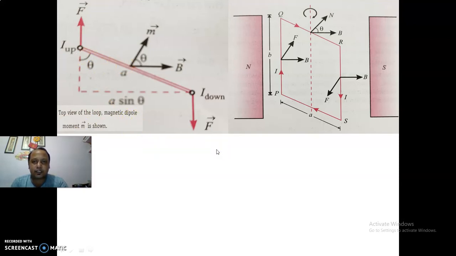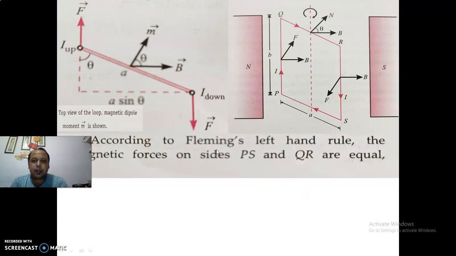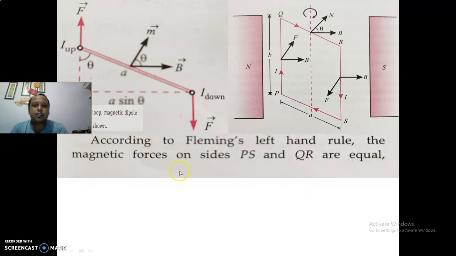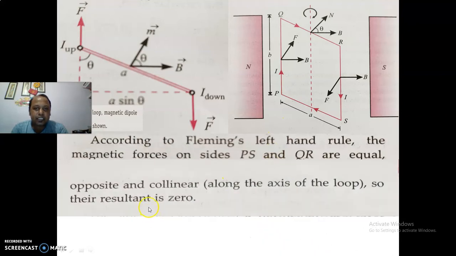But first of all, you see here, according to Fleming's left hand rule, I have already discussed this, the magnetic force on PS and QR, this PS and this QR, they are equal and opposite, and they are collinear, that is, they act along the same axis of the loop. So the resultant of them will be zero, they will be cancelling each other.